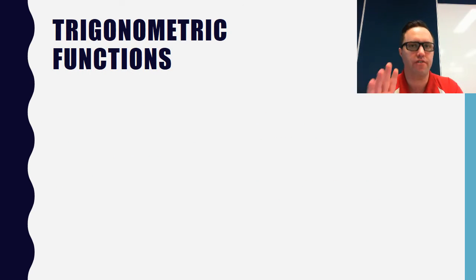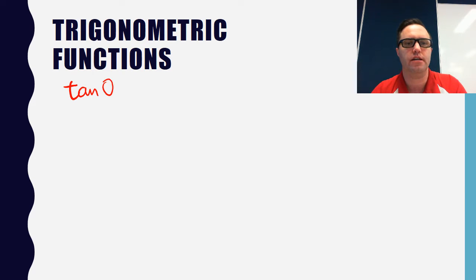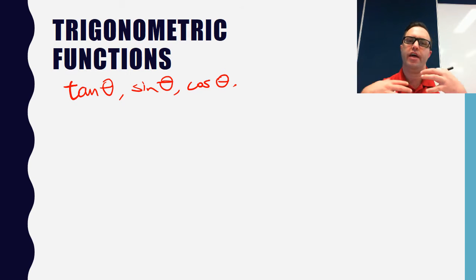Alright, trigonometric functions. So I just want you to remember, in our last video we talked about tan of theta, sine of theta, and cosine of theta, okay? And they are functions, okay? So what that means is that different numbers get fed in, something is done to it, and then a corresponding value is fed out.